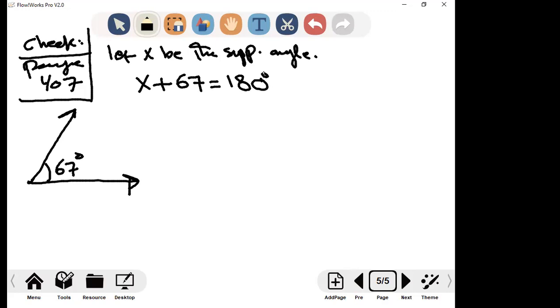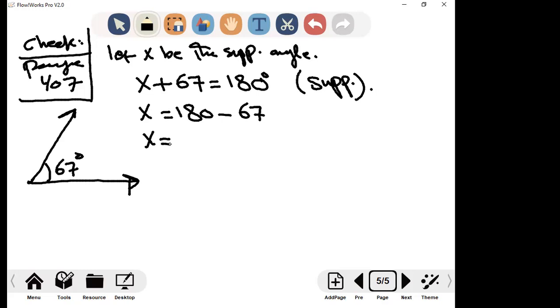Why? Because they are supplementary. So justify your step. Now shift the 67. x will be 180 minus 67. x will be how much? Do the subtraction. It will be 113 degree.